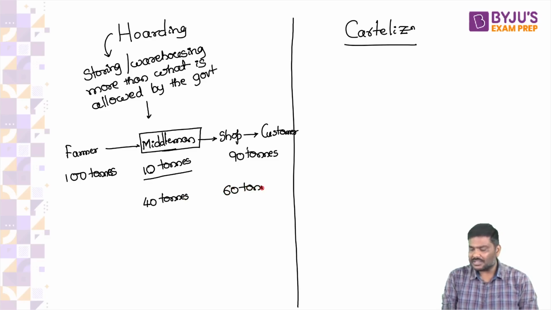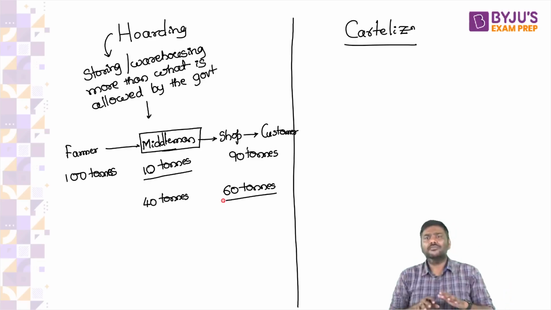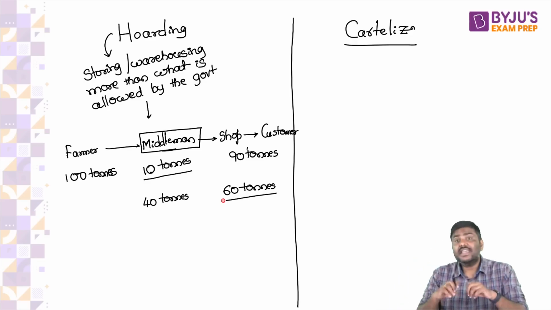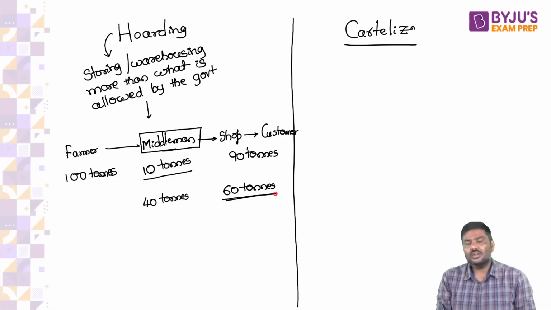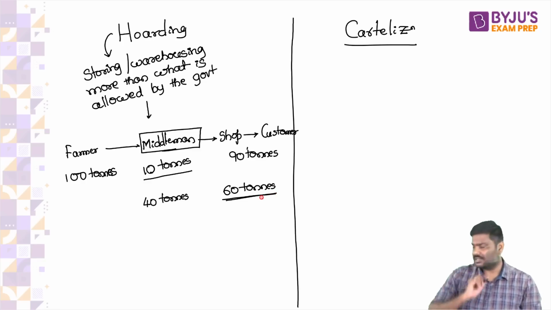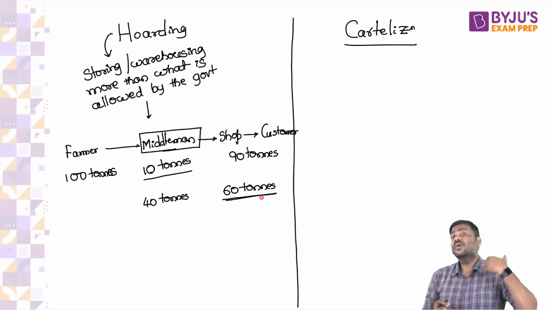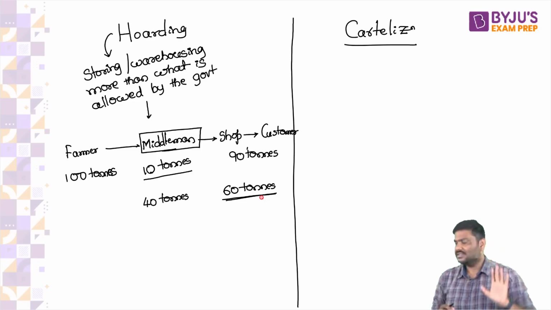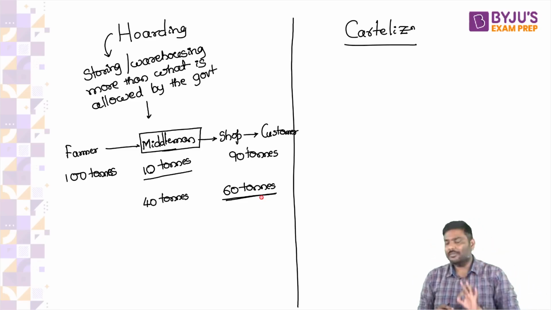Any problem in this? Supply to the market will suddenly fall down. Shortage, scarcity will be created in the market. And when the supply will come down, what do you think will happen to market prices? Market prices will increase. Can it cause inflation? Answer is yes. Any problem here?